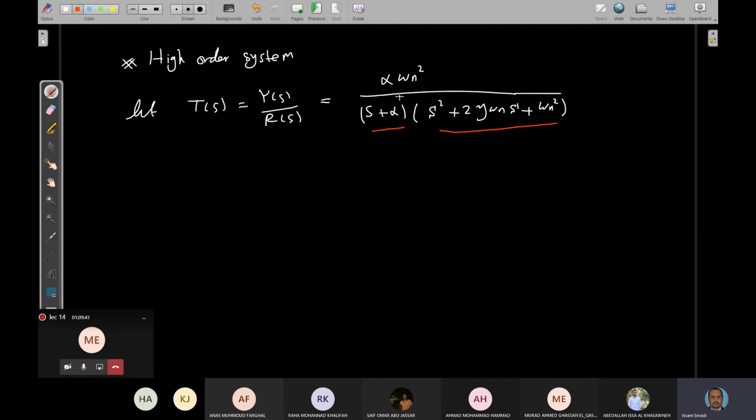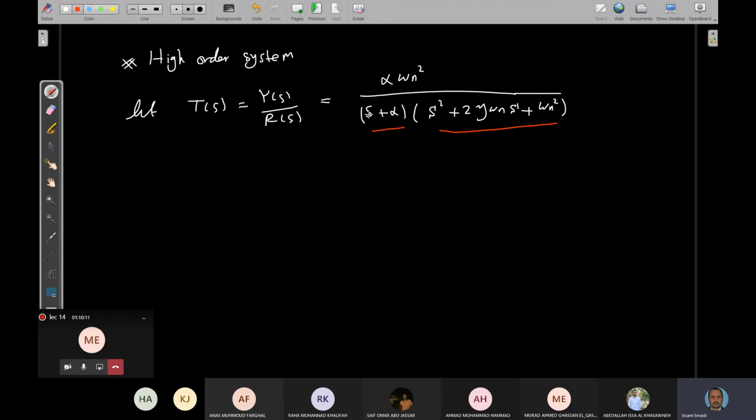So now let's see. We know how to analyze a first order system because it is characterized by a DC gain and time constant. And we know how to characterize the second order system because it's related to zeta and omega n, correct? So in this case, what should I do? Someone will say, if you have a higher order system, expand it into simple systems, either first order or a combination of first order and second order, correct?